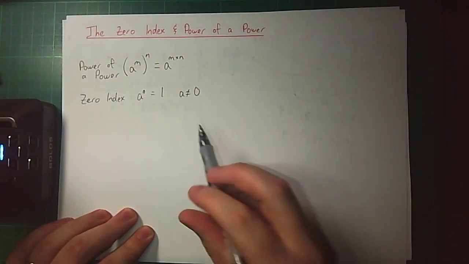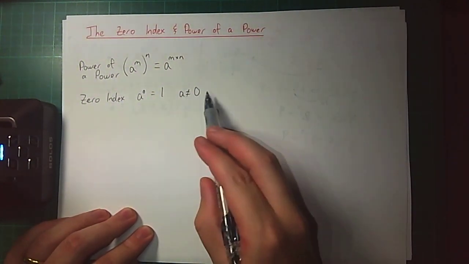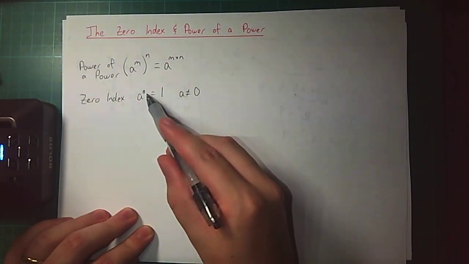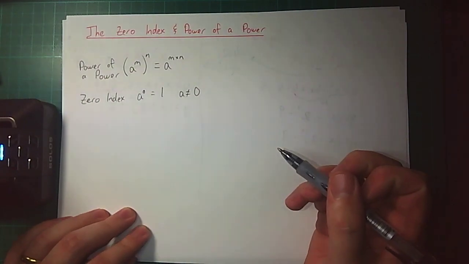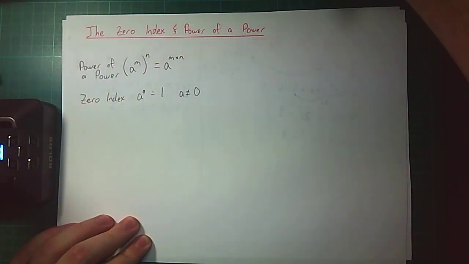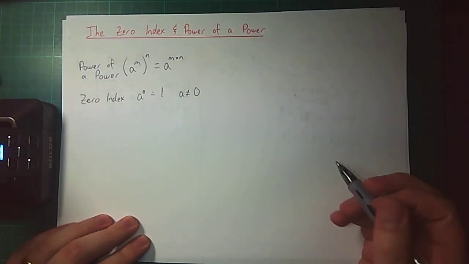That can't work. That symbol, of course, means a does not equal 0. Of course, if 0 to the power of 0, that will equal 0. Okay, let's do an example of power of a power, and then we'll get onto an example of the zero index.